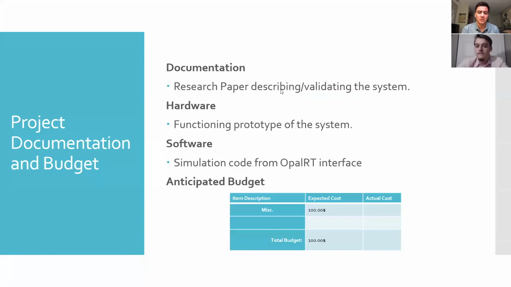With the anticipated budget, we have $100. Most of the material is already in the labs, so we don't anticipate using much of the budget at all, but we'll see what happens as we continue through the semester. Next we'll be talking about the Gantt chart. So take it away, Alex.